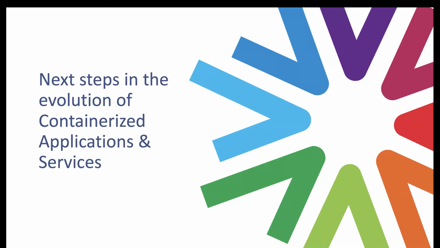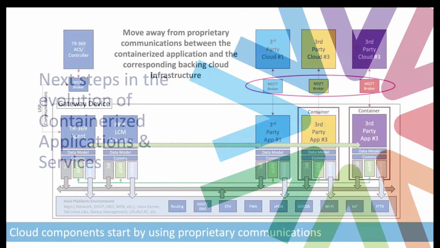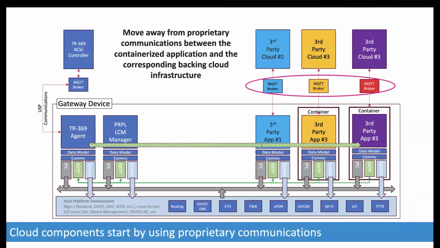And if we look a little bit further down the line, you might have noticed in the previous slides that each time you deploy a containerized application, the general thought right now is that each application would have a little link out to its private cloud portion.